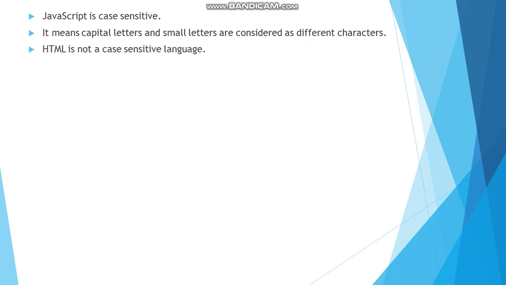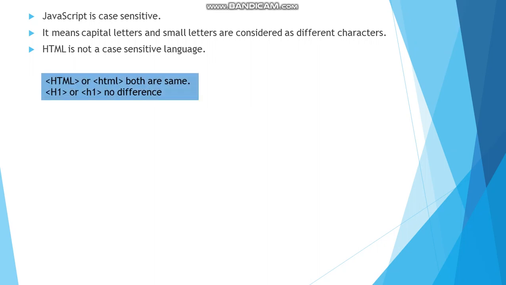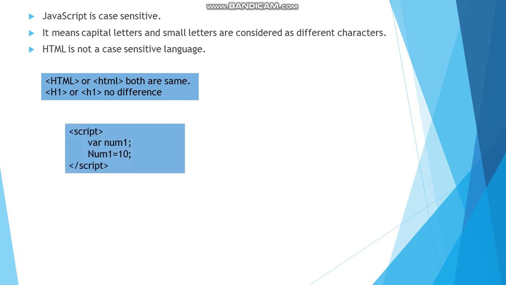HTML is not case sensitive, as whatever tags we are writing in HTML doesn't matter if you write in capital or small. So HTML or small html, both are the same. If you want to use the h1 tag, then you may write h in capital or small, doesn't matter. But JavaScript is case sensitive.